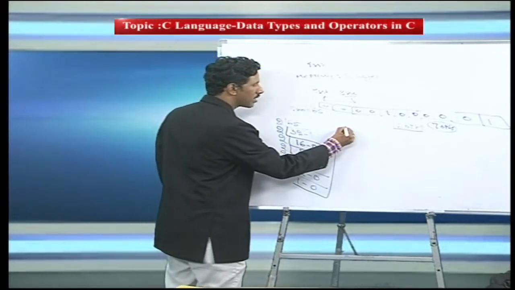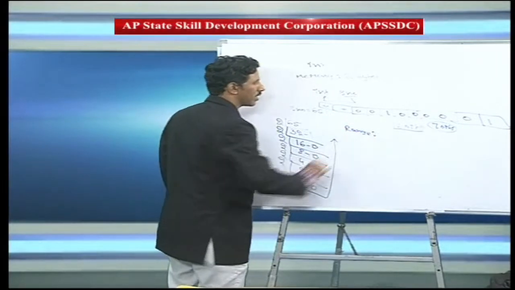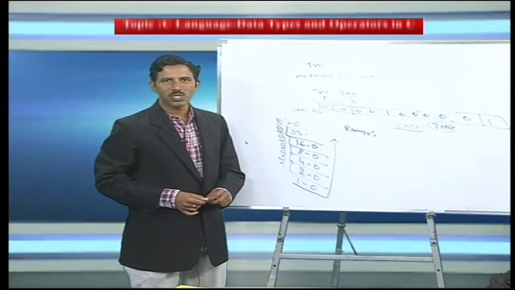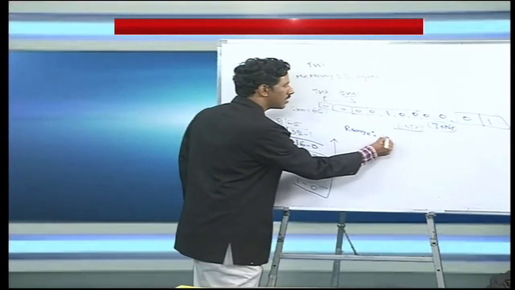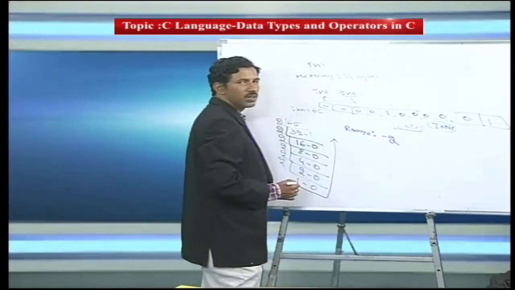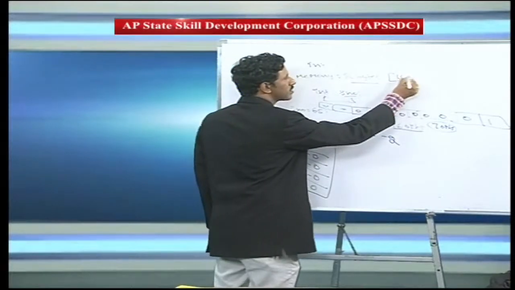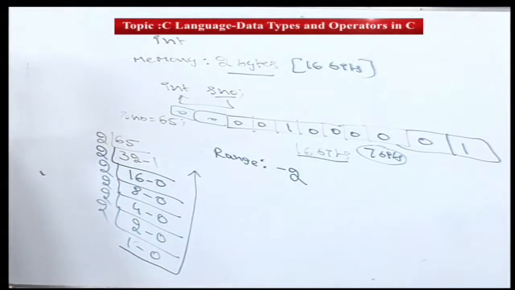Whenever you create an integer, what is the range? Which number to which number can you enter? Whenever you define the integer data type, what is the range? Minus 2 to the power of... How to decide the range? Memory is 2 bytes, which means 16 bits.